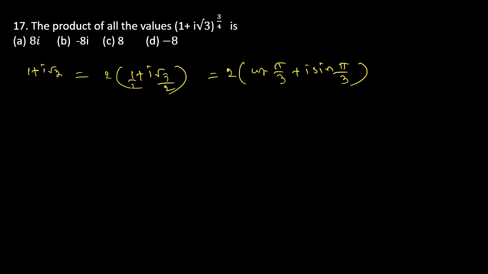Then (1 plus i root 3) whole to the power 3 is 2 cube into cos pi plus i sin pi.